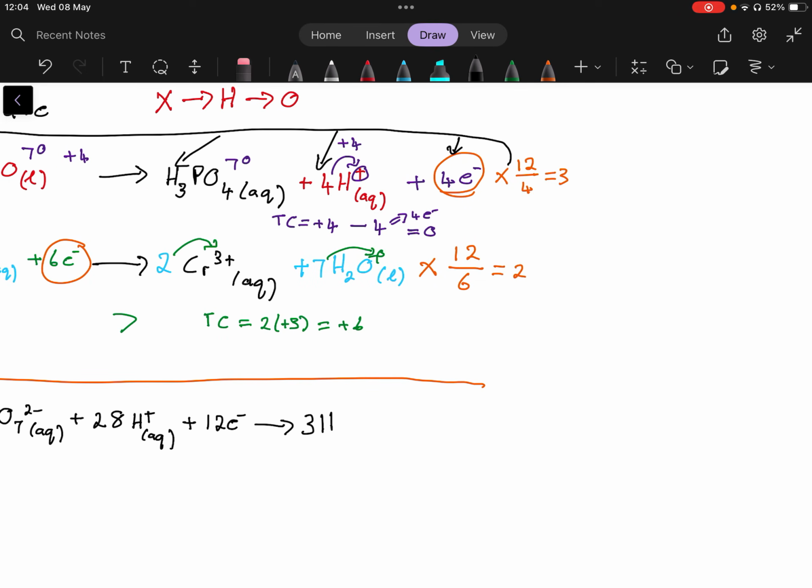We should get 3H3PO4. It's in the aqueous phase. Plus 12H+, so it's 3 times 4, aqueous phase. Plus 12 electrons.